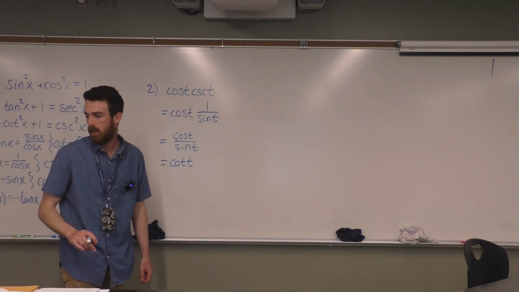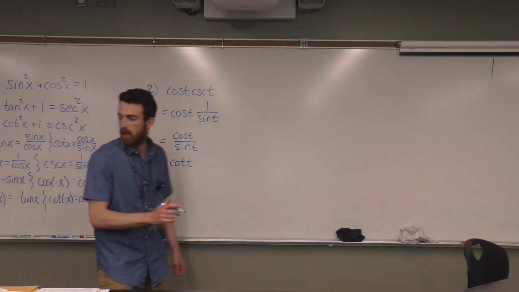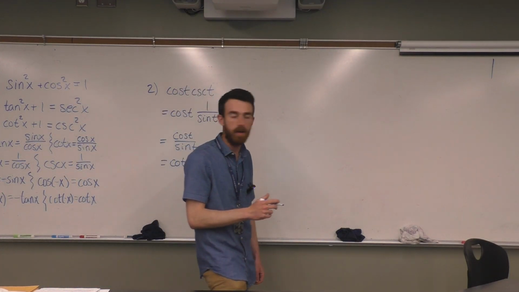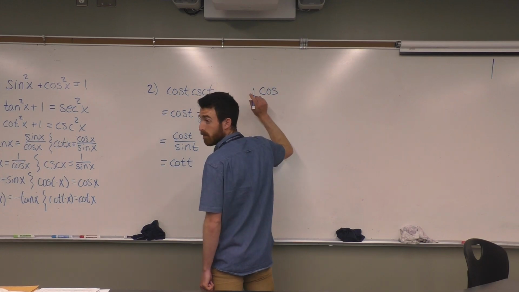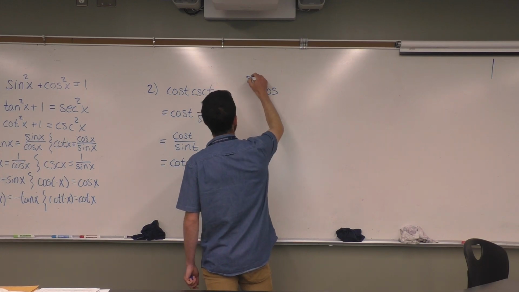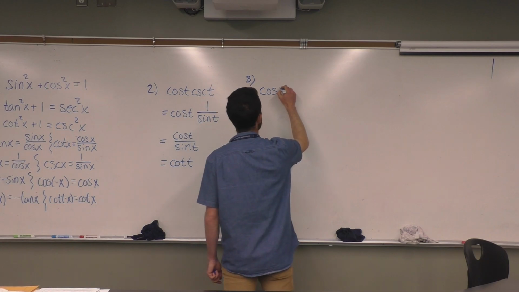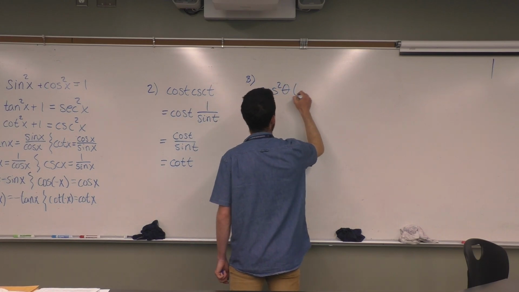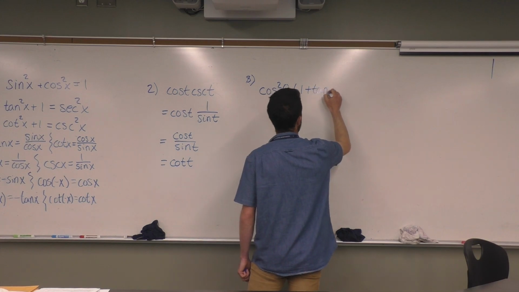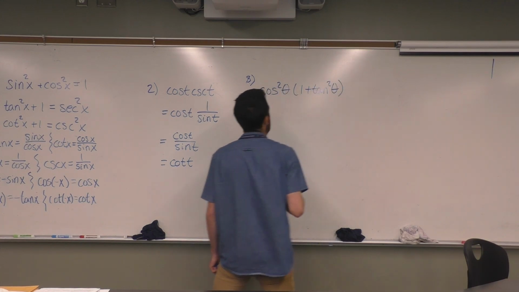Jump around. I think number 8, cosine squared of theta times 1 plus tangent squared of theta.